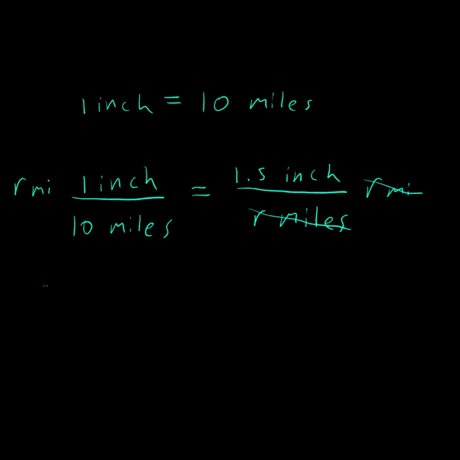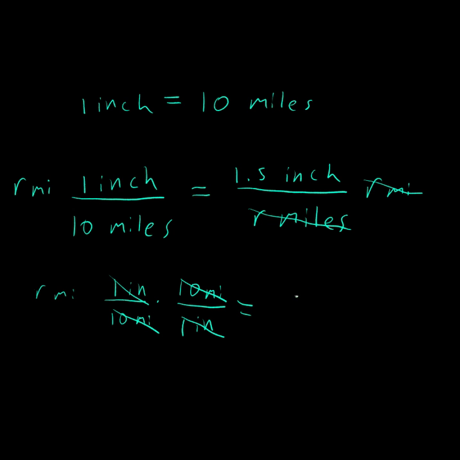That would get rid of this entirely. So r miles times 1 inch over 10 miles, and I'm going to multiply it by 10 miles over 1 inch. These are going to cancel out.